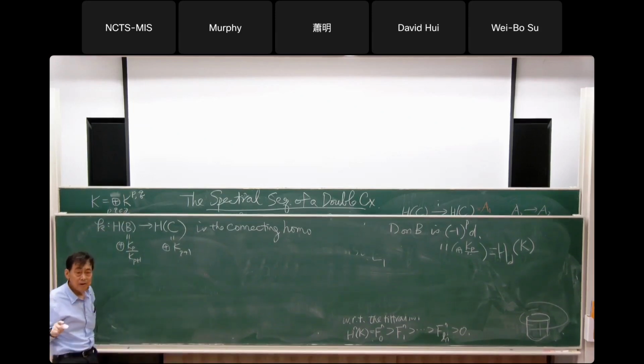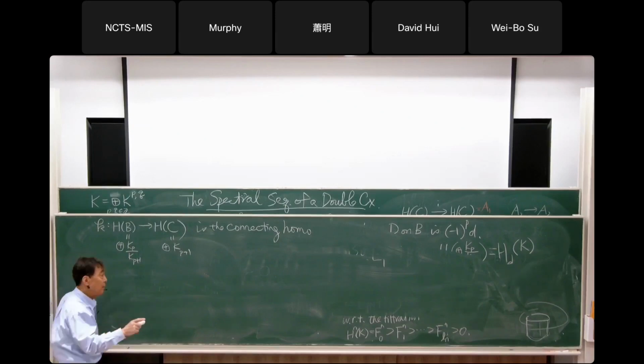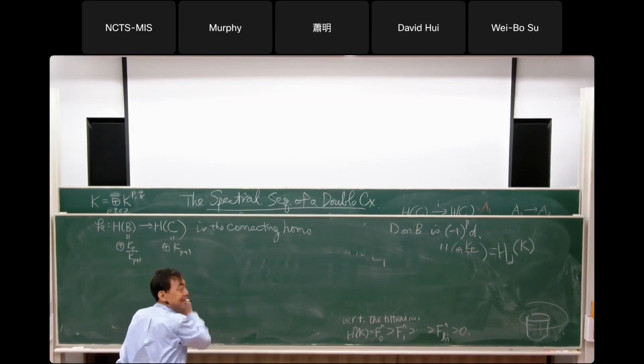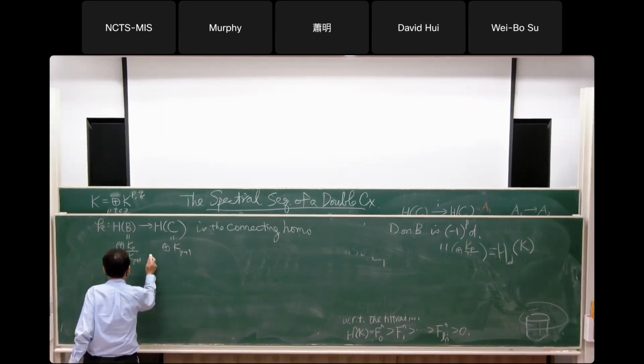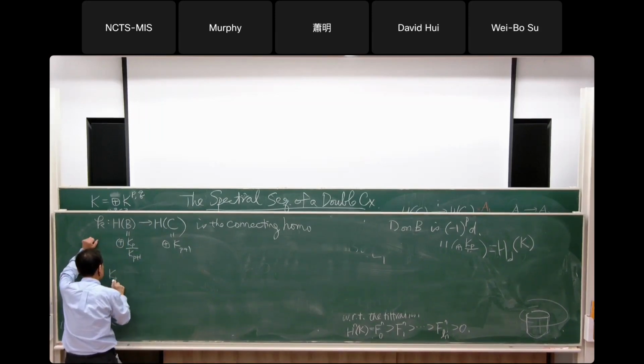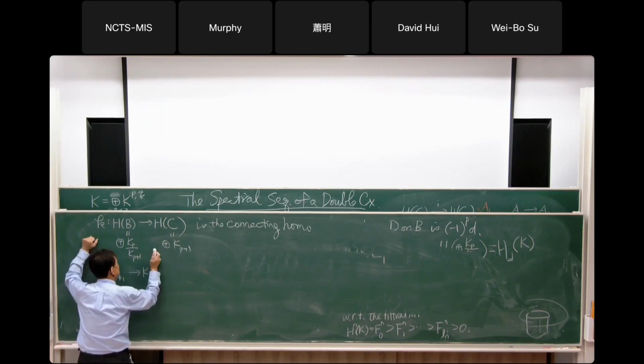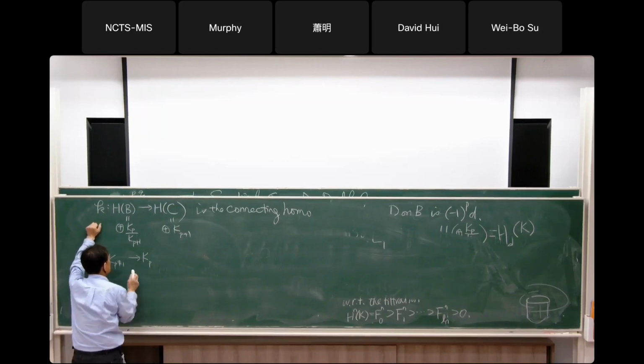And you remember how we got the connecting homomorphism, right? Can you do a gesture that shows how you get it with your hand? Yeah, you do this. That's how you get the connecting homomorphism. So you have K^{p+1} going into K^p. That's actually an inclusion.